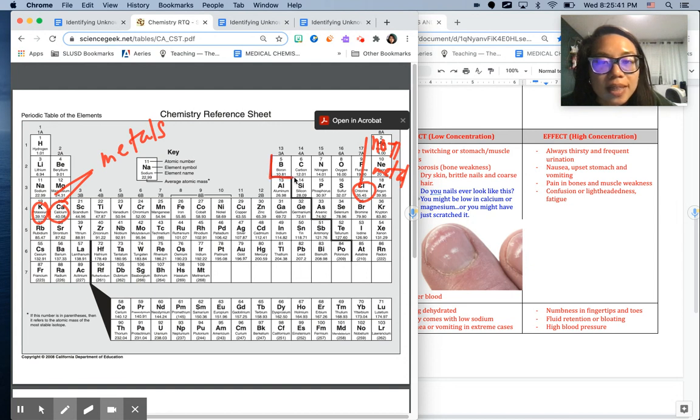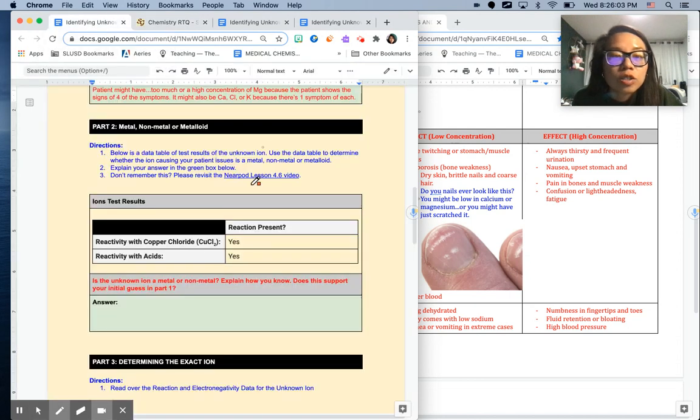And remember that this is the zigzag line that separates them. So if I know that it's a metal, then I can say it's either one of these two probably. And if I know that it's a non-metal, then my guess is it's probably Cl that's causing the patient problems. So let's go ahead and look at the data in part 2.